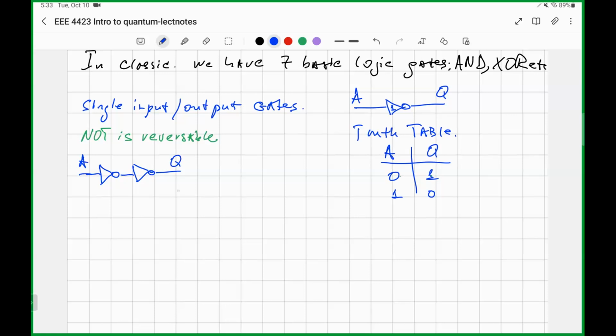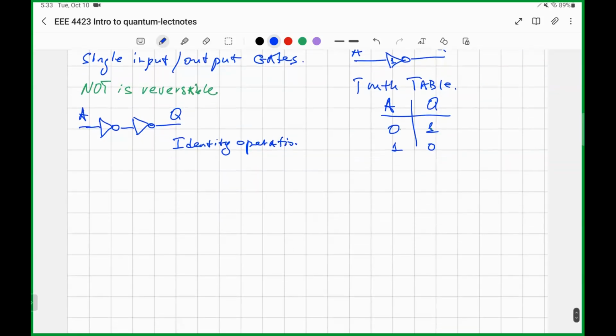So this is the identity operation. The first one takes 0 and converts it to 1, the second takes 1 and converts it to 0, so you get 0 in the output for 0 in the input.